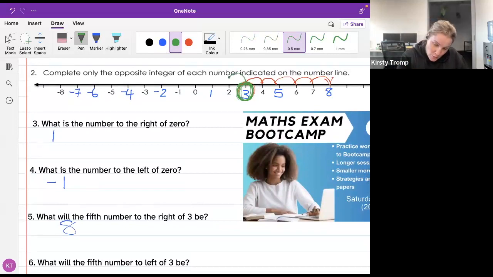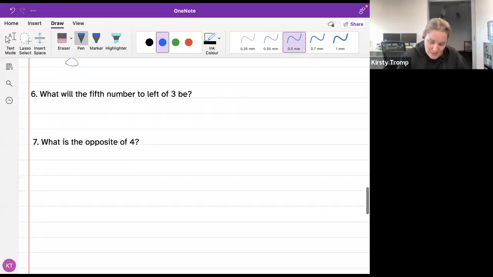So 1, 2, 3, 4, 5. I see that my answer will be -2. Well done to those of you who did that one. Always, always, always use your number line, everybody, to help you.